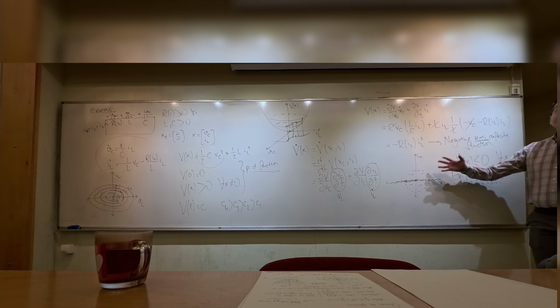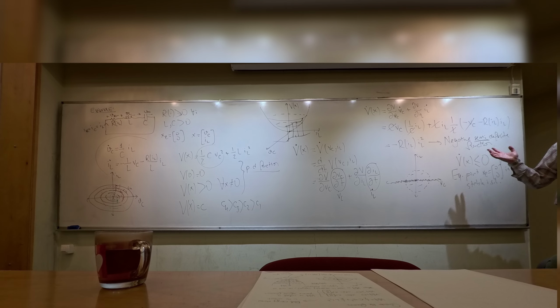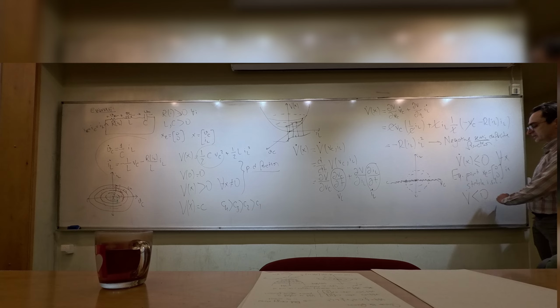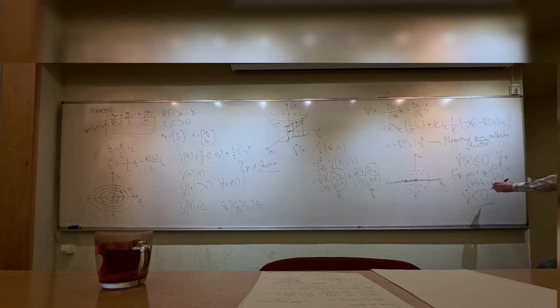If V dot was negative definite, in such a case, we would be able to conclude asymptotic stability as well as stability. In this case, we won't be able to say anything about the asymptotic stability based on V dot here. But if it was negative definite, if it was negative for all x non-zero, in that case we would say that V dot is negative definite, and we would be able to conclude that the equilibrium point is not only stable but also asymptotically stable.